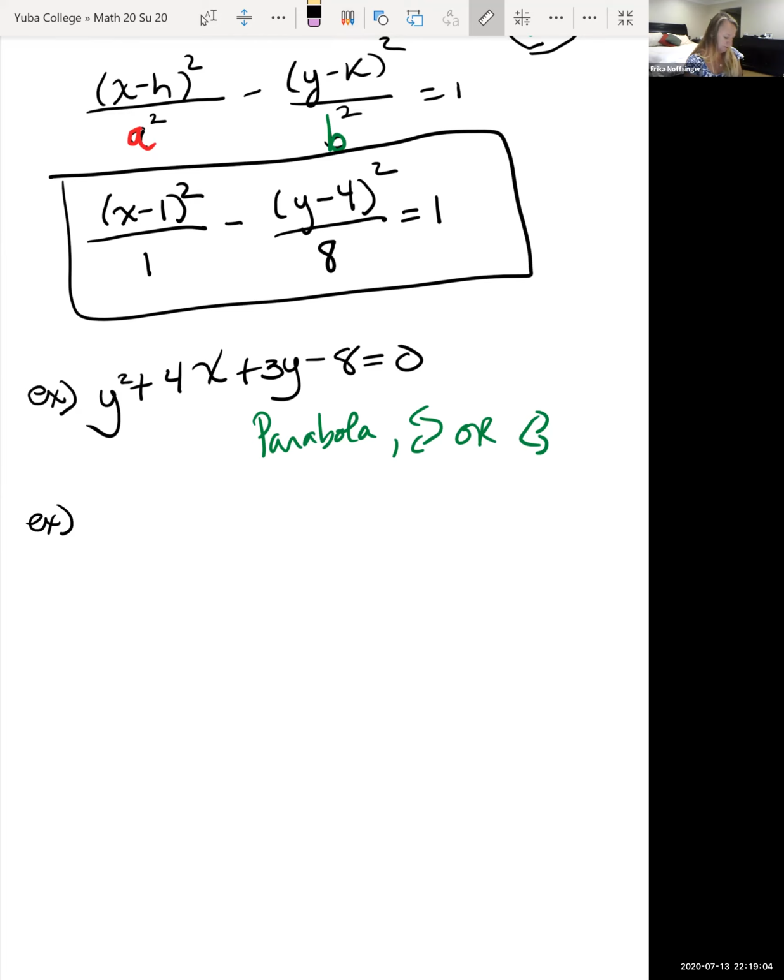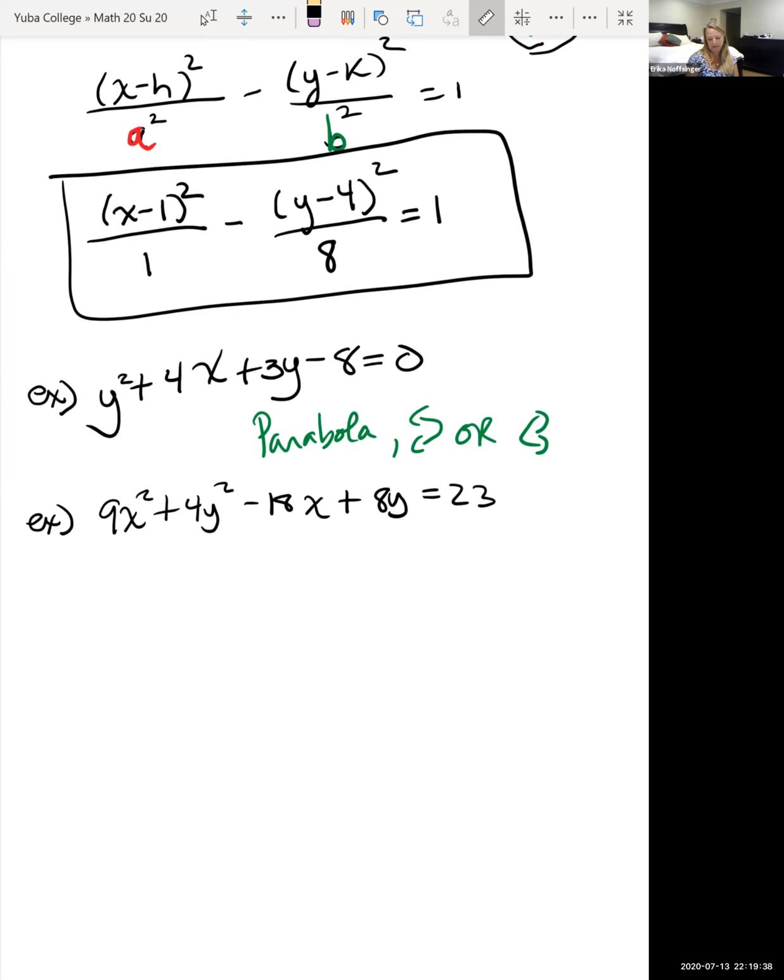Same idea though, if you were looking at the following equation, 9x squared plus 4y squared minus 18x plus 8y equals 23. So identify the shape. Again, go right into the equation and look for x squared and y squared. They both have an x squared and y squared, so I know it's not a parabola. Now look to see if they're the same number.